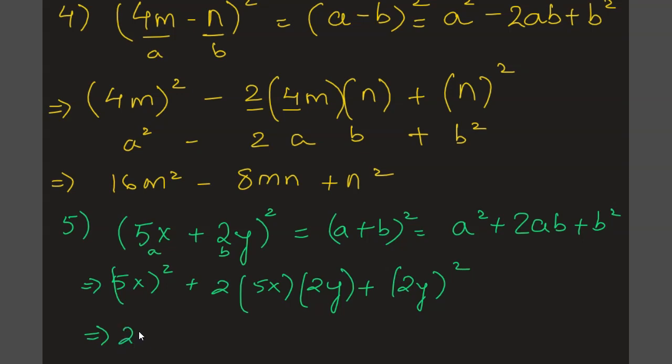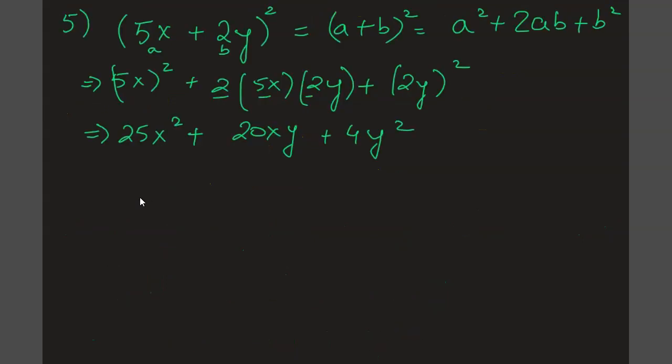This gives us 25x square plus 2 times 5 is 10 times 2 is 20xy plus 4y square.